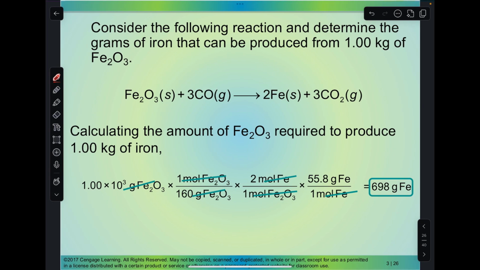Okay, and so let's give it a shot. We have Fe2O3. Take a second and try to name that for me, and then try to name this one. Okay, so that is going to be iron(III) oxide and carbon monoxide.